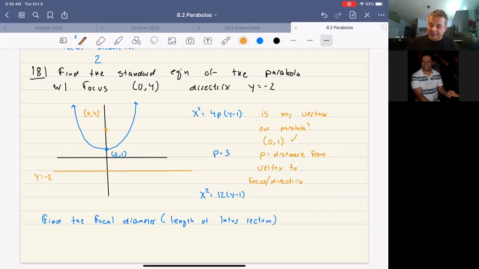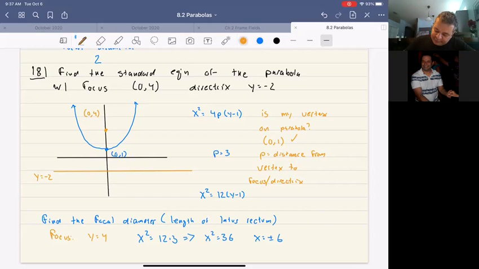Remember my focus is at (0, 4), so y equals 4. I'm going to plug that in. x squared equals 12 times (4 minus 1), which is 3. x squared equals 36, so x is plus or minus 6.